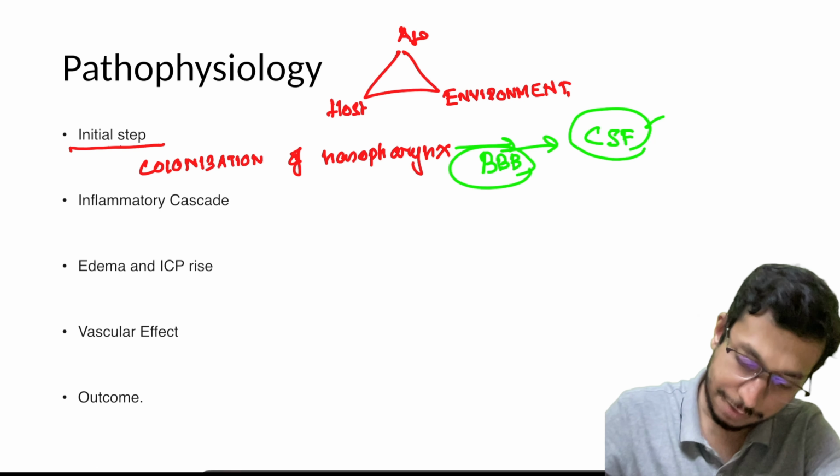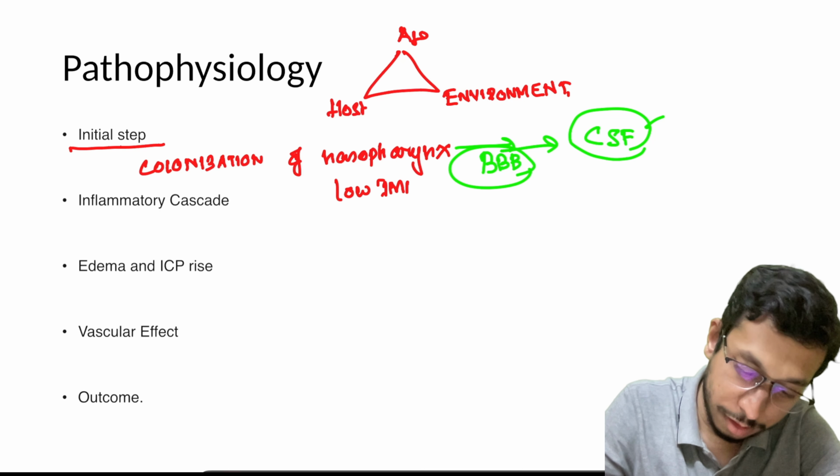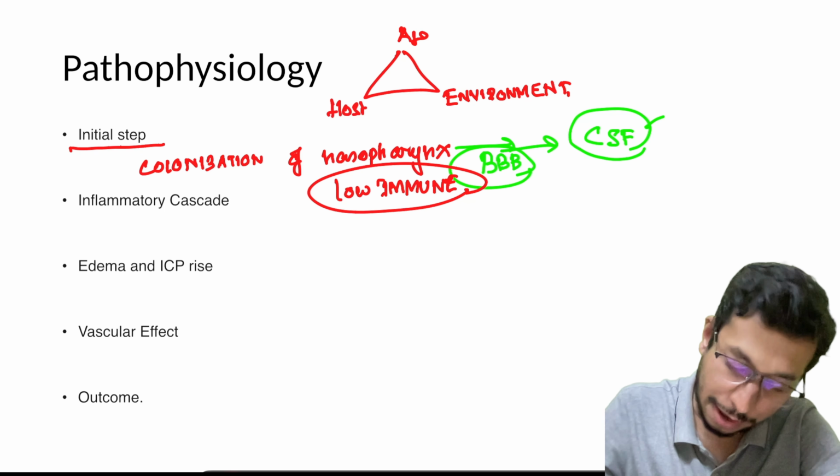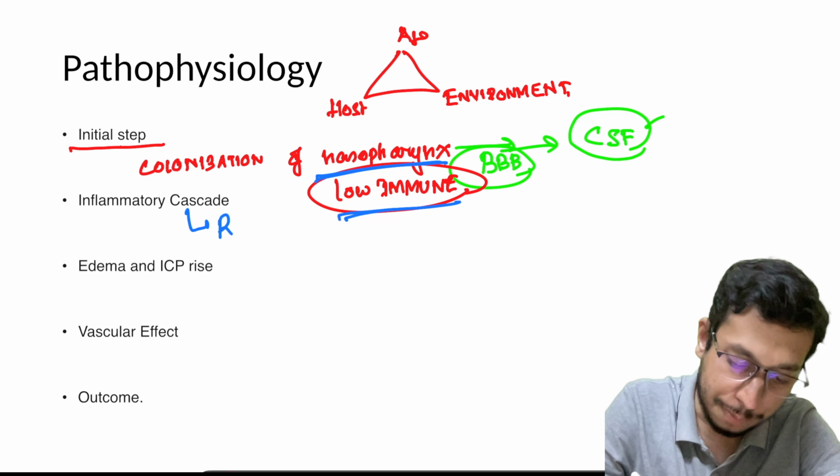Therefore, as CSF is low in immunity, this bacterial agent survives in the CSF and there is rapid multiplication.